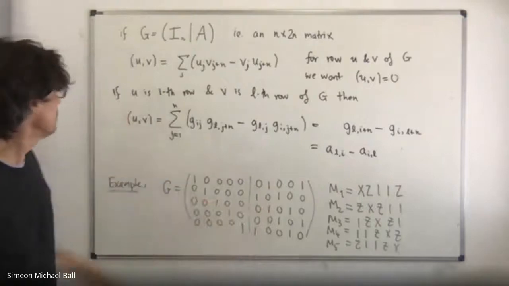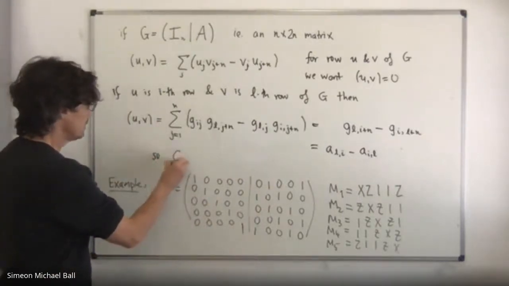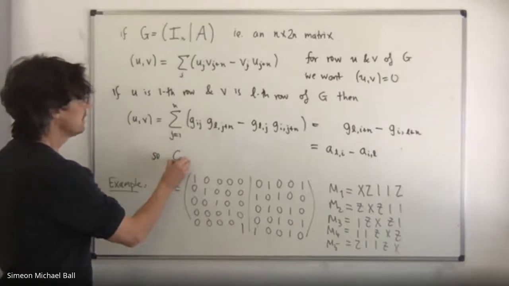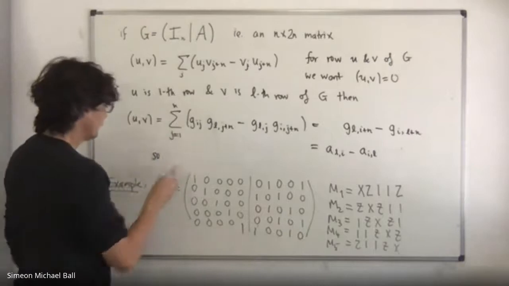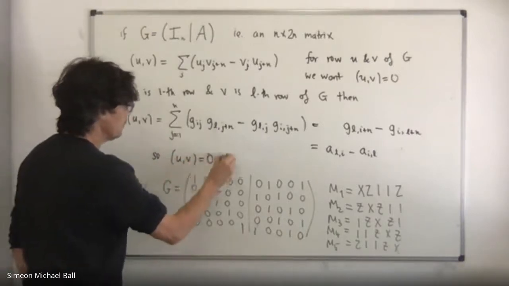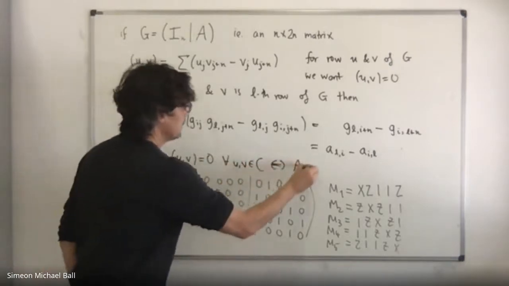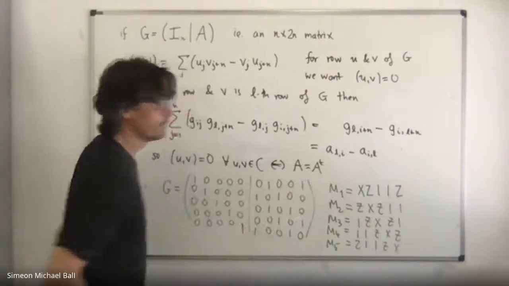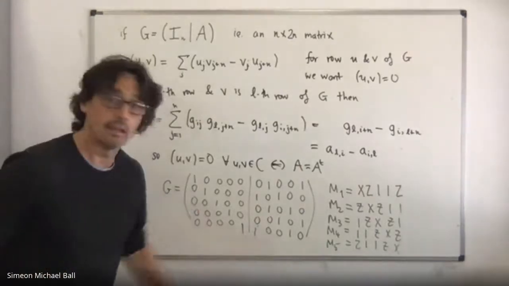So this is zero, and ⟨U, V⟩ is 0 for all U, V in C if and only if A is symmetric. Which is why this works here.